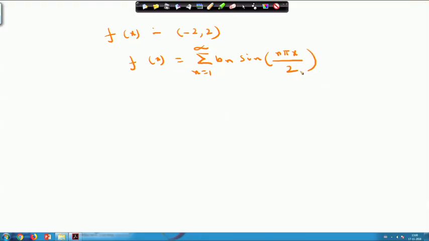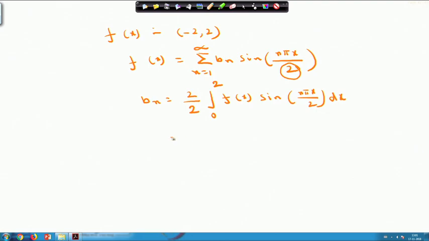So, it will be n pi x by 2, please note this term. Similarly, b n will be 2 by L, L is 2, and the limit will become 0 to 2 f x into sin of n pi x by 2 dx.